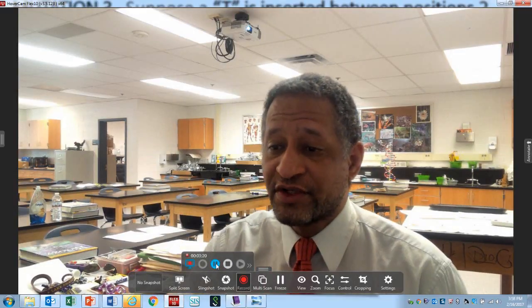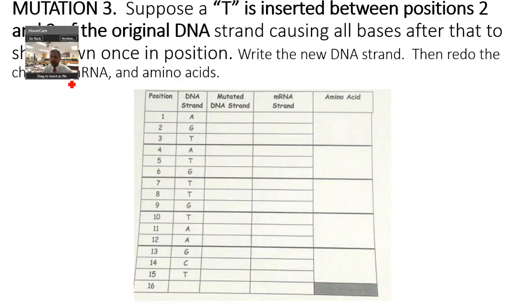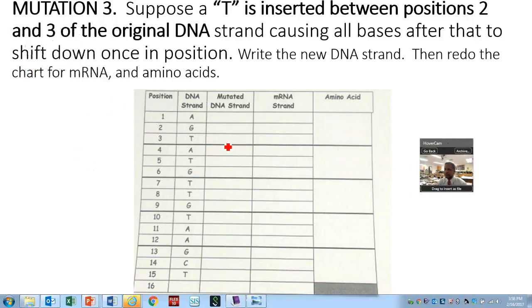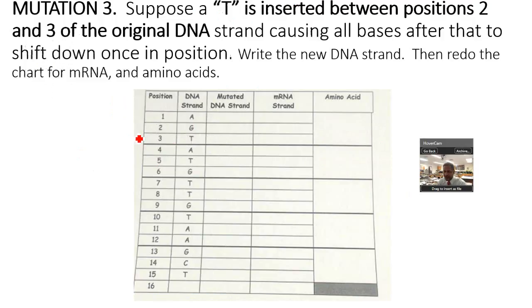Okay, we have one more mutation to do, and that is number 3. Now, as it says, suppose a T is inserted. This is an addition. So we're sticking the T right here. Okay, let me go write that in. So your first A is going to be the same.